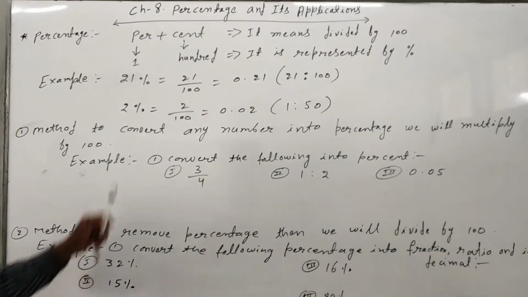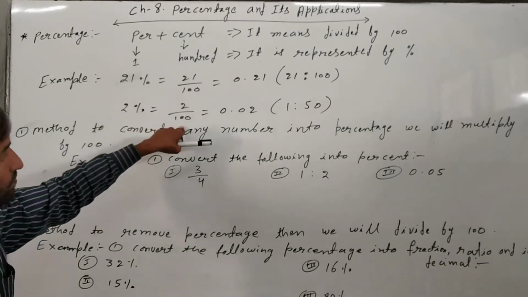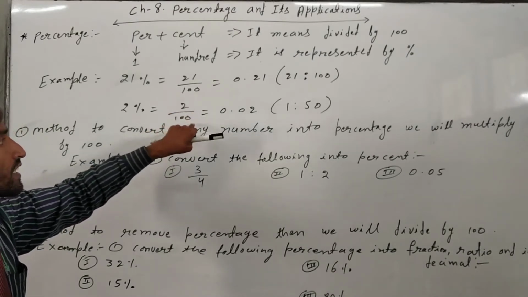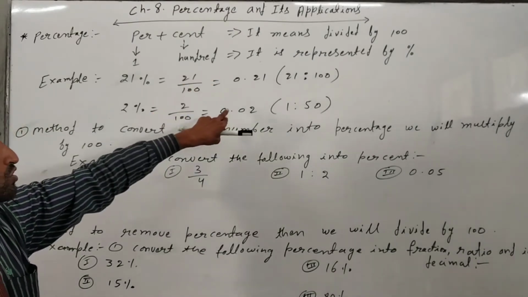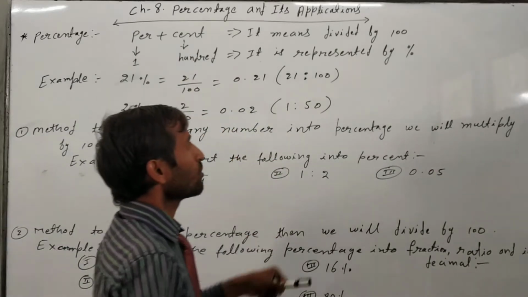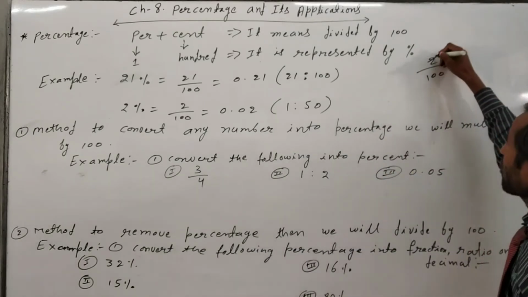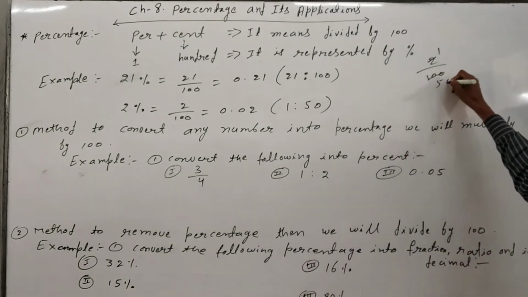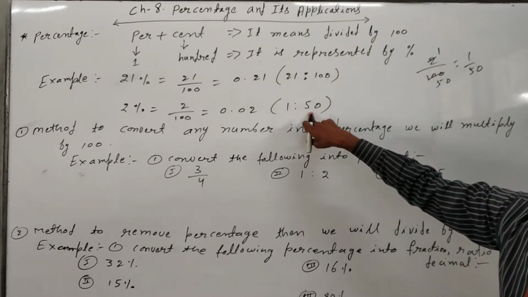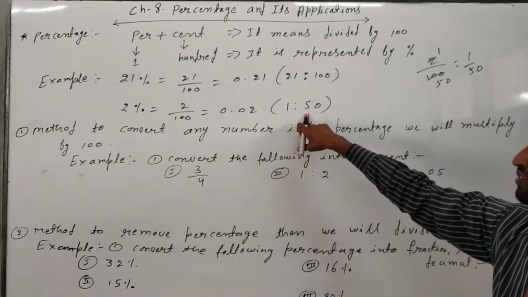Like 2%. 2% means 2 upon 100. This is a fraction, or you can represent it as a decimal, 0.02, or convert it into a ratio. The simplest form: 2 upon 100, we can cancel by 2, so 1 upon 50, and in ratio, 1:50.